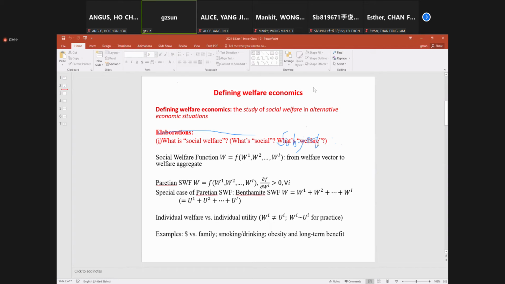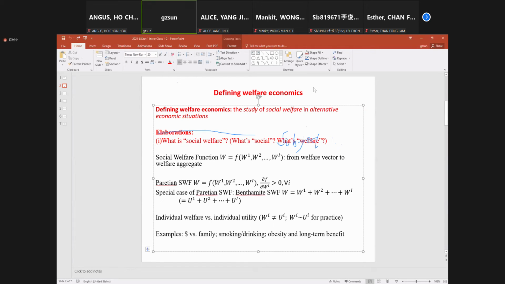Okay, so now let's firstly again focus on the social welfare, the subject matter. That's what we are focusing on. And here, let's separate the two parts of this subject. We study social welfare. Social is one part, another is welfare.